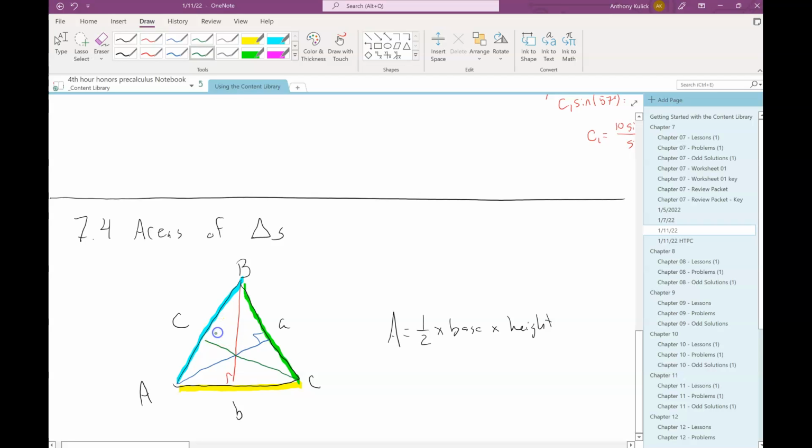What's the problem with this, though? If you've solved for a triangle, what are you missing? The height, right? If I've solved for the triangle, I don't know what the height is.